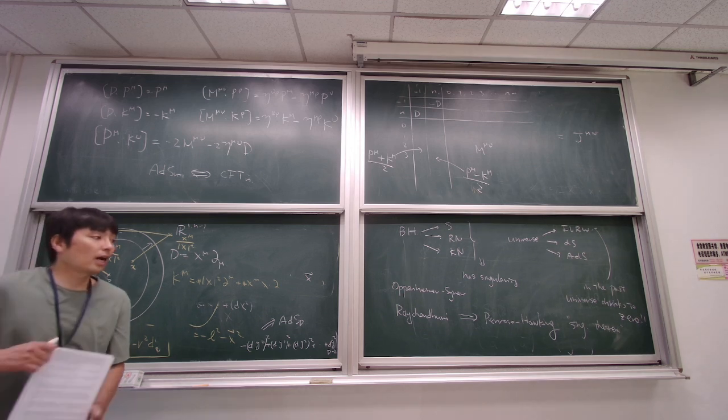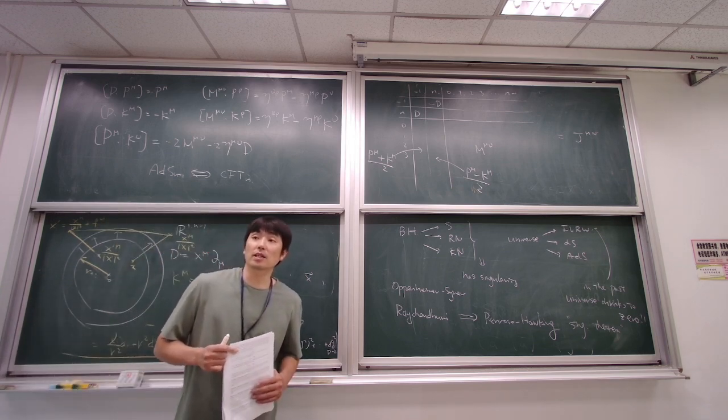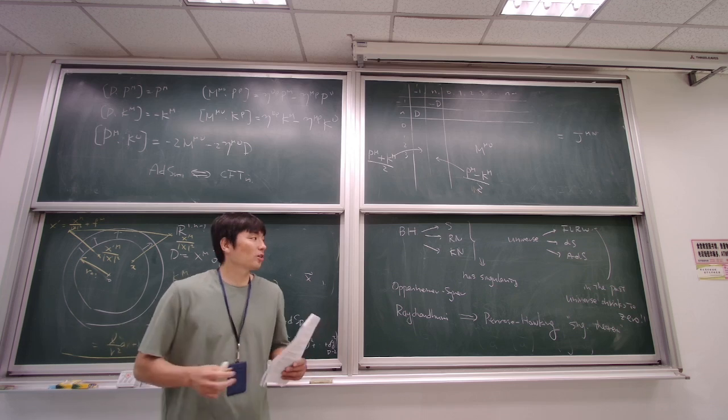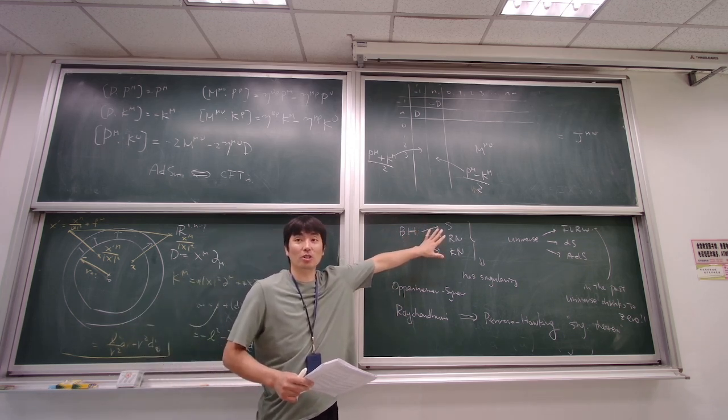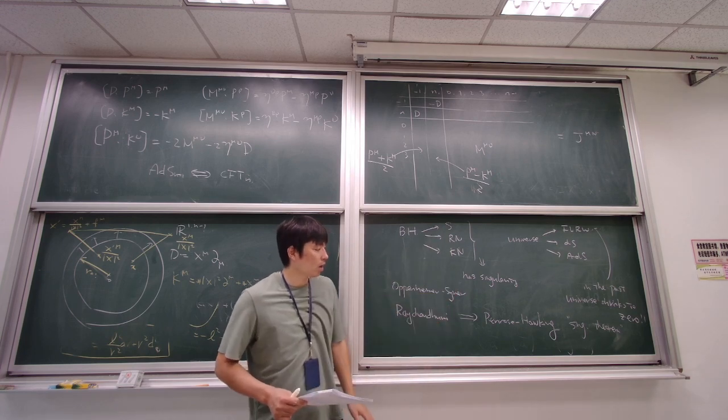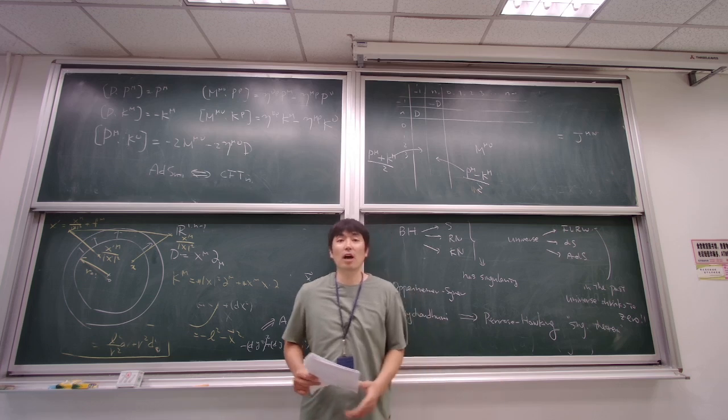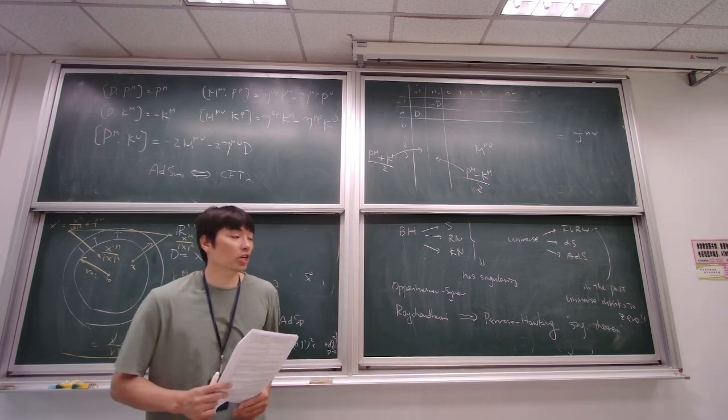So this is the next target. This exact solution part is the first part of the course. In the middle part, our goal is to derive the singularity theorem by using the Raychaudhuri equation.